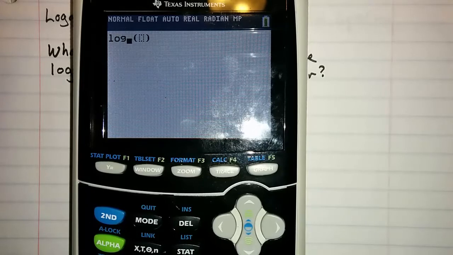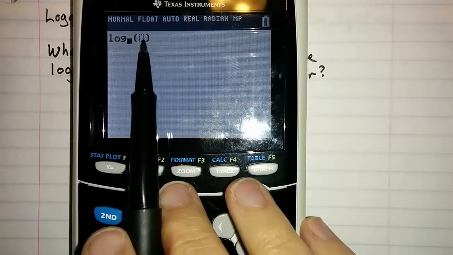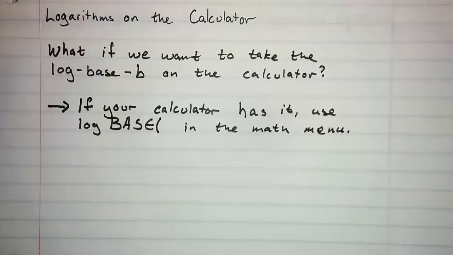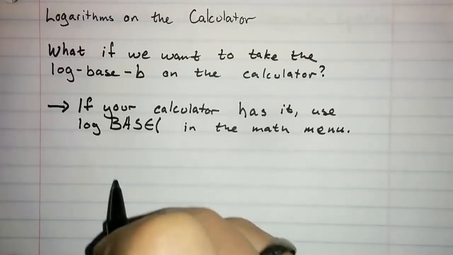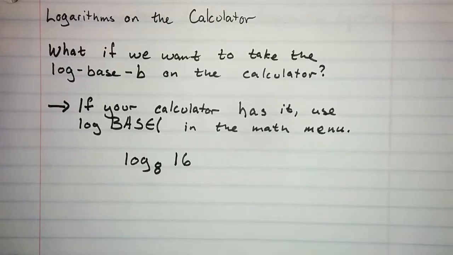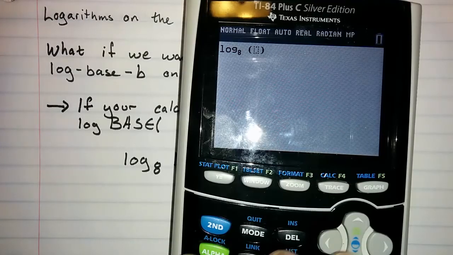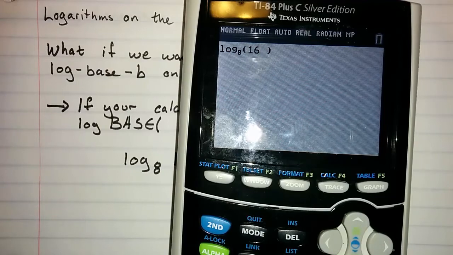When I select it, it gives me a place to enter a base and a number. And then if I want to find, say, the log base 8 of 16, I would punch that in just the way it looks on my paper.